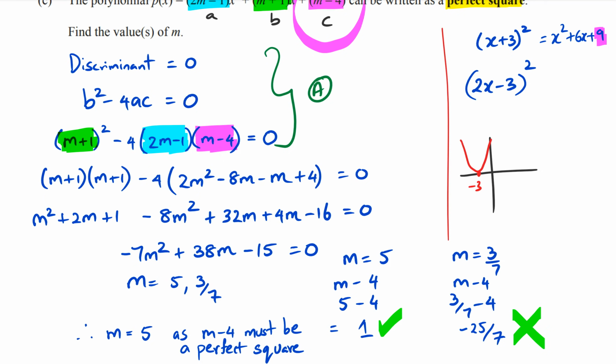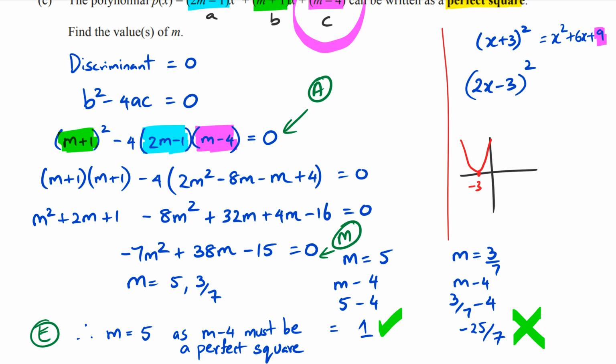I think they're saying set the discriminant equal to 0, and if that's the case, you need to get up to there. Setting the quadratic equation equal to 0 is a merit, which is this line here. And then excellence is rejecting that 3 over 7 and coming up with just m is equal to 5. So that part is important.